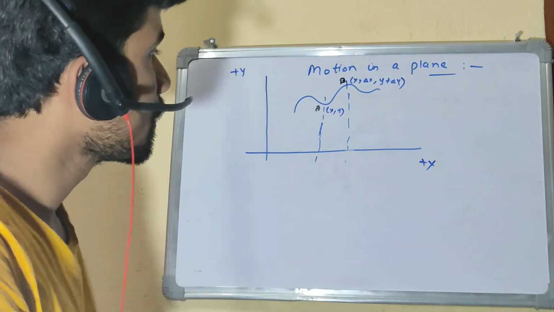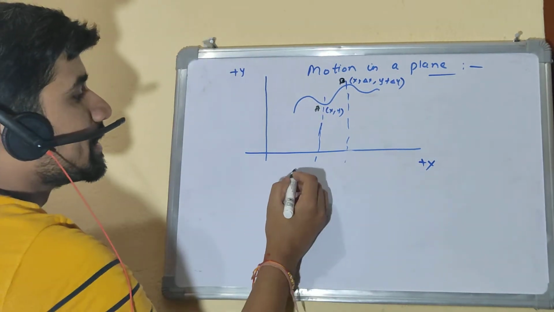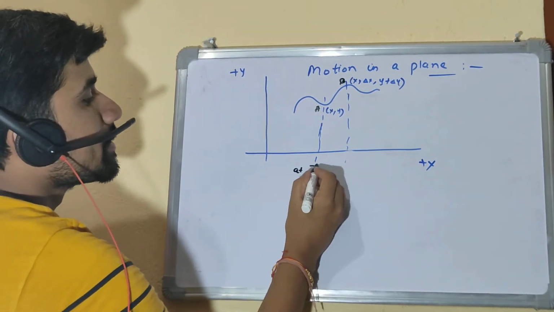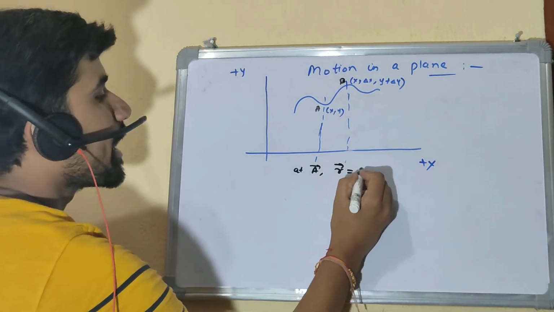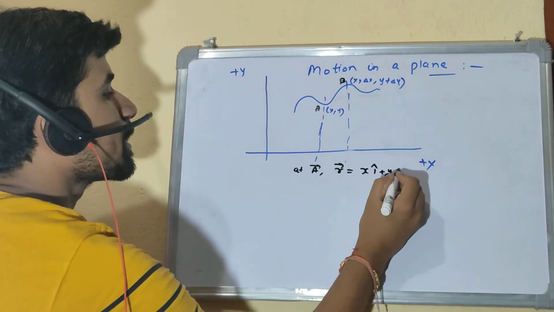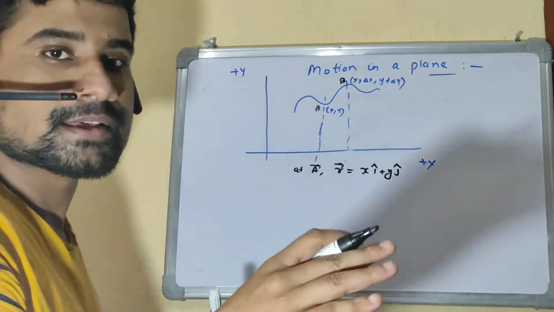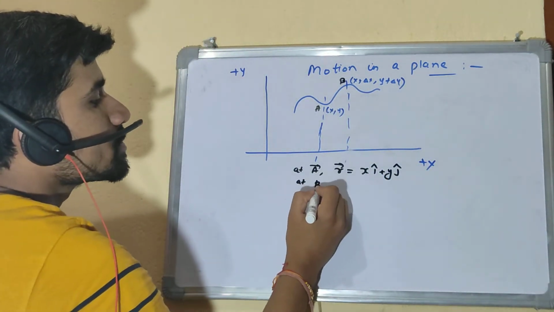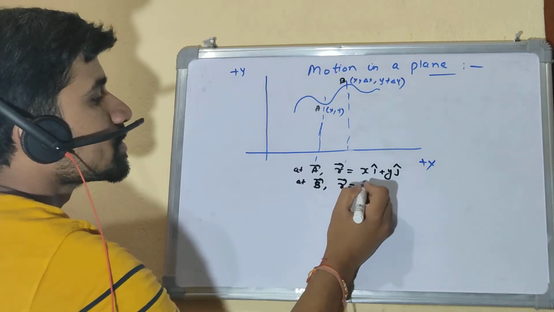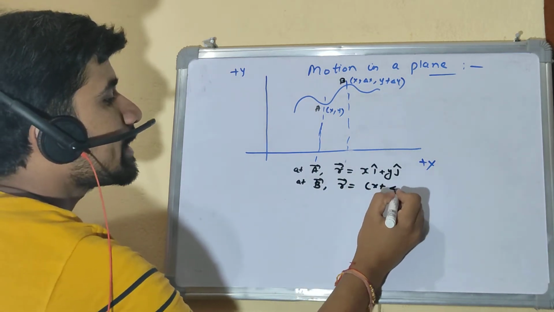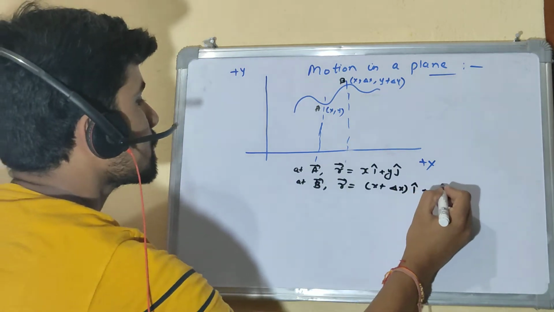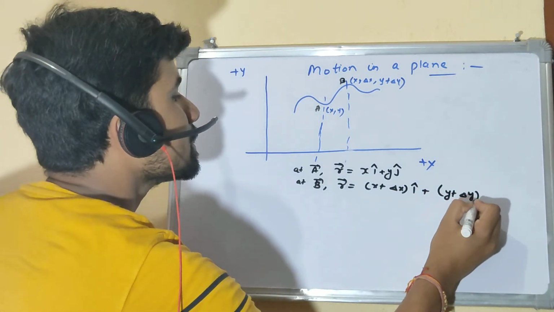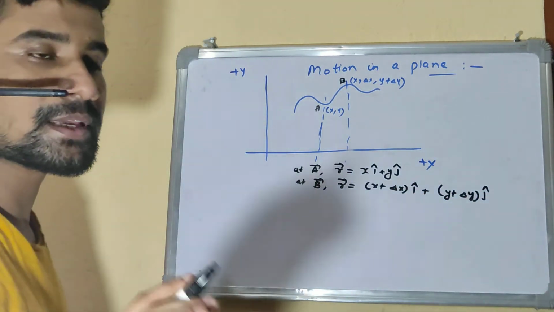Let's bring vectors back, we need vectors a lot here. When it was at a, the position vector will be x i cap plus y j cap. When it goes to b, the position vector becomes x plus delta x i cap plus y plus delta y j cap. This is the position vector at b.